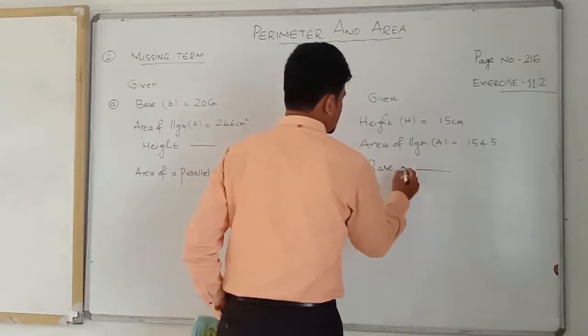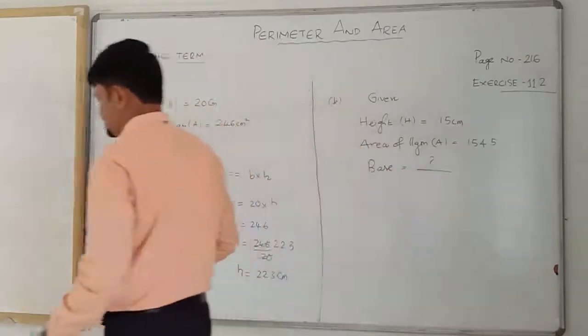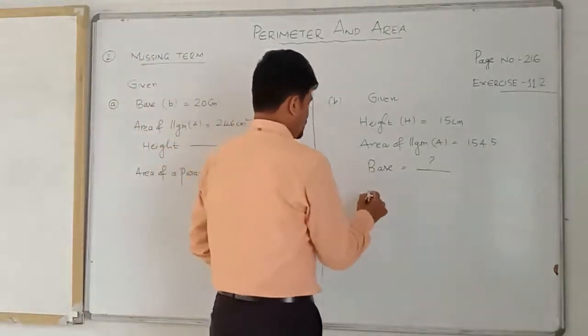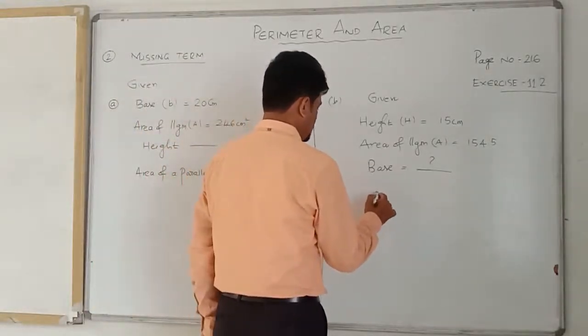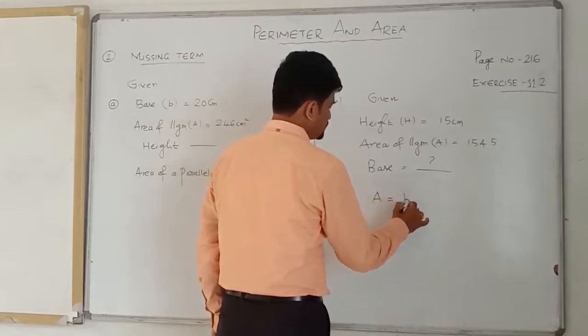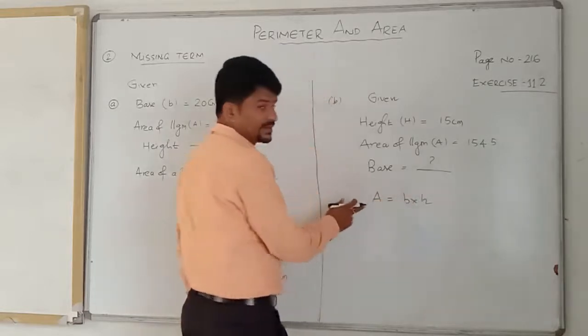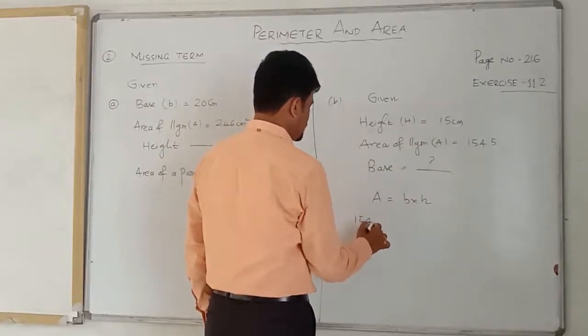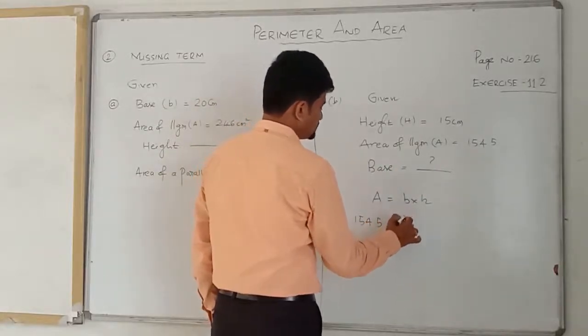Same, we can apply the same rule. Now area of parallelogram, A is equal to base into height. I am writing directly. A means area, 154.5. Base we don't know.